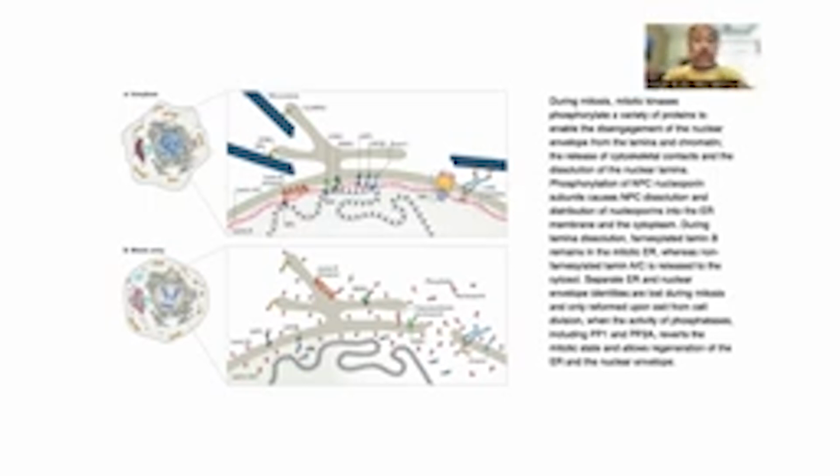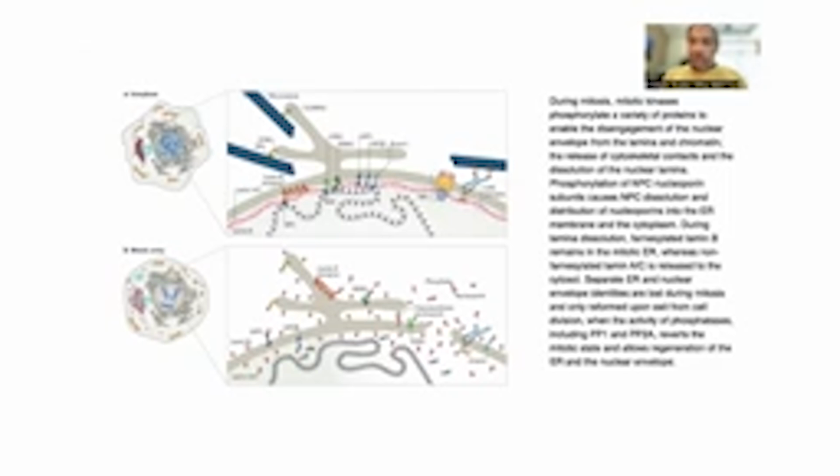The release of chromatin and cytoskeletal contacts and the dissolution of the nuclear lamina takes place, which then allows the nuclear membrane and the endoplasmic reticulum to break up and allow the nucleus as we know it to effectively disintegrate. Phosphorylation of the NPC, nuclear pore complex, and nucleoporin subunits causes the NPC dissolution and distribution of nucleoporins into the ER membrane and the cytoplasm.